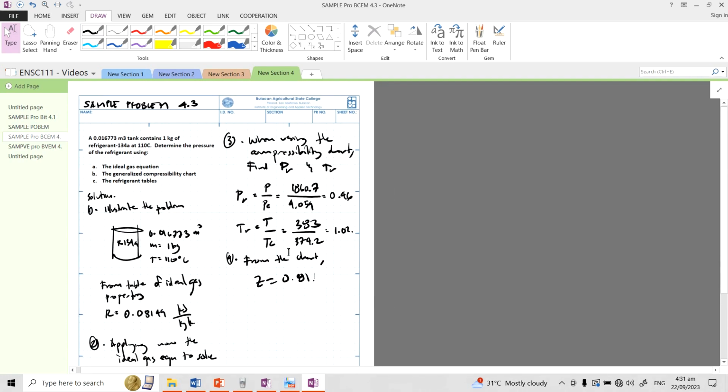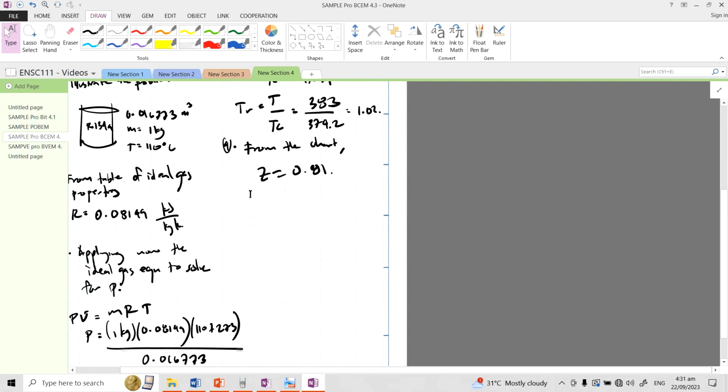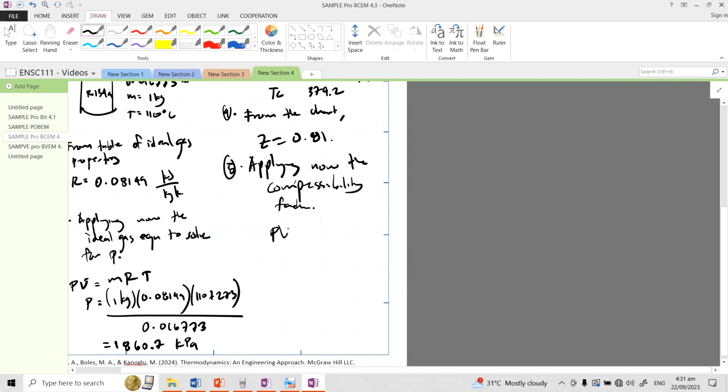So now applying the compressibility factor. Recall again, PV is equal to mRT times Z, the compressibility factor.